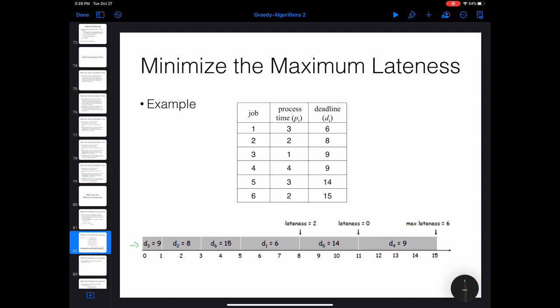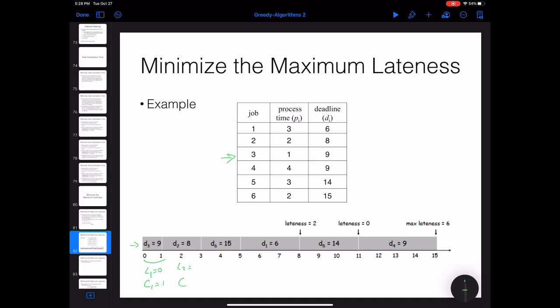Job 3, the processing time for that is just 1 hour, for example. And the deadline is 9, so the lateness is going to be 0. Let me write down the completion time and the lateness, all of it. The completion time here is 1.